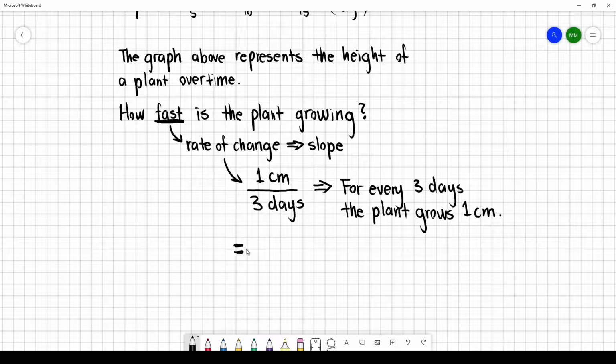So you won't get an exact number now. You get approximately 0.33 centimeters per day. So for every day, the plant grows approximately 0.33 centimeters.